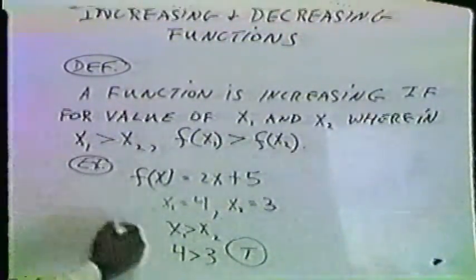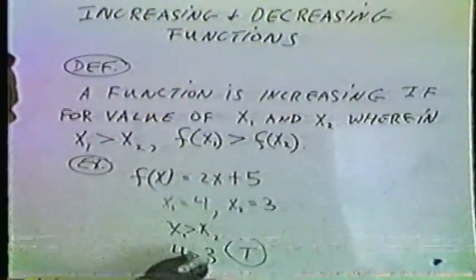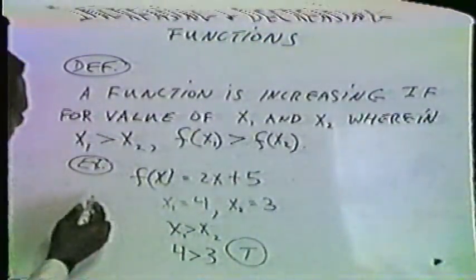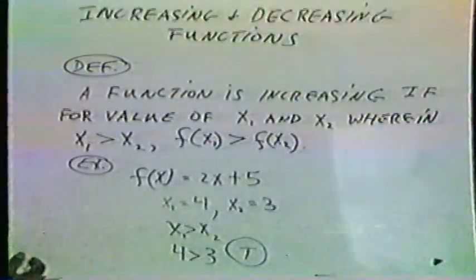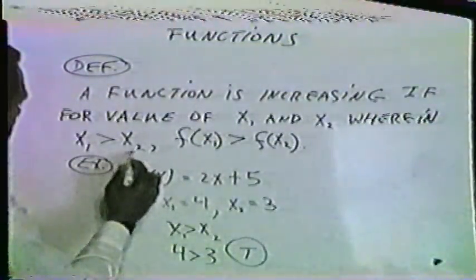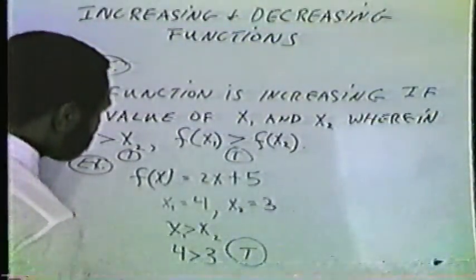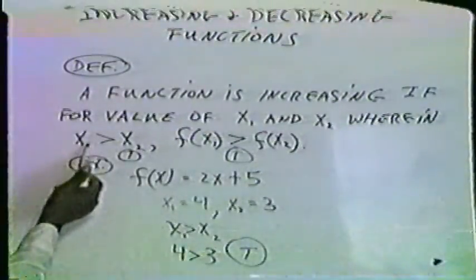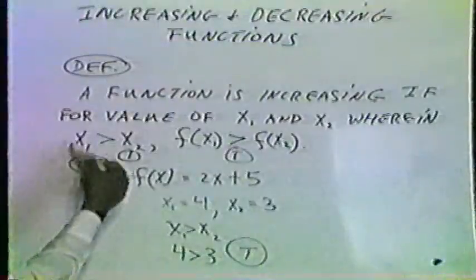Now, if this is an increasing function between 4 and 3, in that interval from 4 to 3, then f of 4 must be greater than f of 3. So both parts have to be true in order for this to be an increasing function. It has to be true that the first number is larger than the second number, and you can choose these numbers any way you want to.